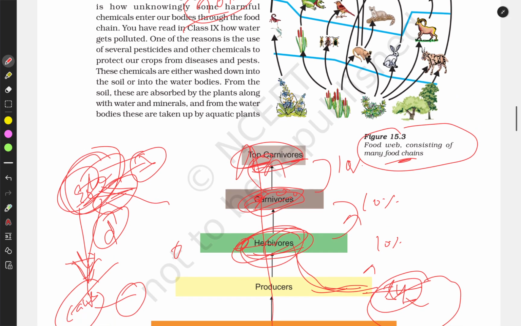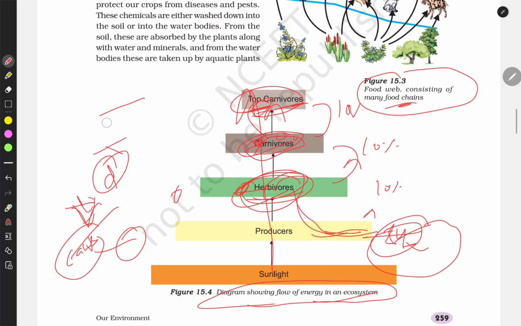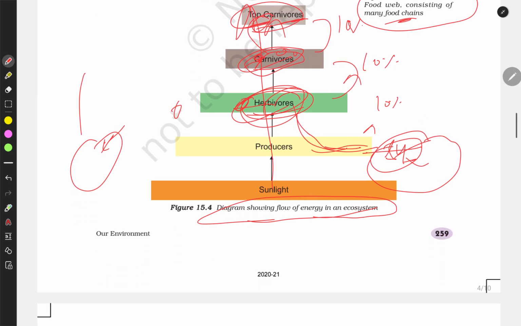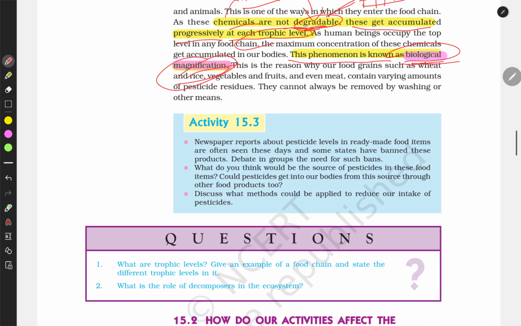So this was the example. The eagles became critically endangered, most of them near extinction. Then when this medicine was banned for cattle, the eagle population increased after that. This was due to biological magnification.